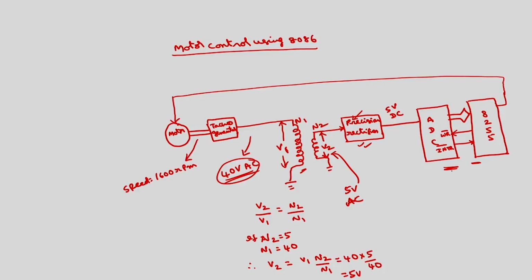Similarly, I will discuss one more example before going for the other interfacing devices, which is the electronic weighing bridge. So, these are all actually minor project type of thing.